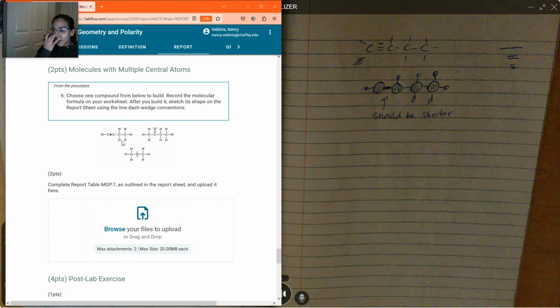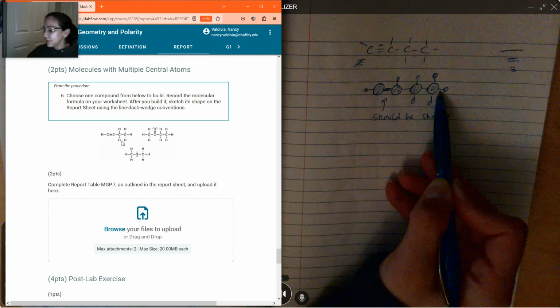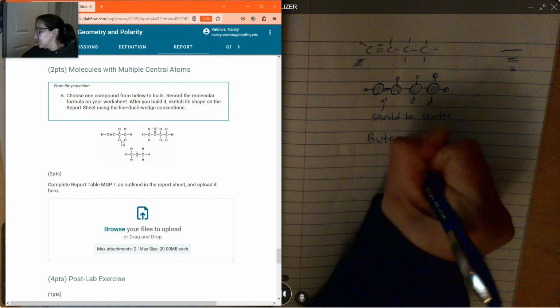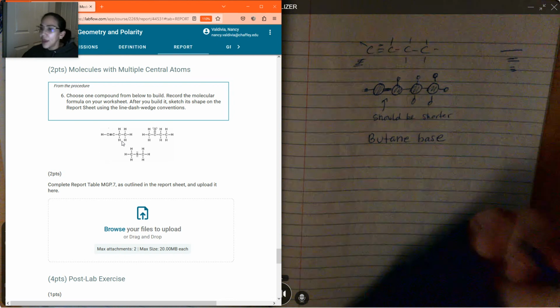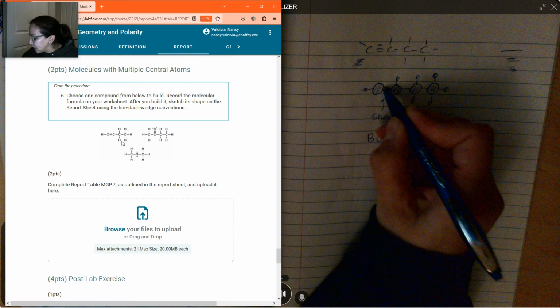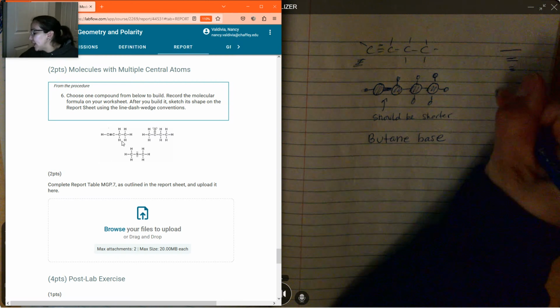Now it wants us to name these. Like I said, I made a video on naming, so I'll just quickly go through it. This right here has 4 carbons, so it's a butane base. And in this butane base, we have a triple bond right here. A triple bond is known as an alkyne.